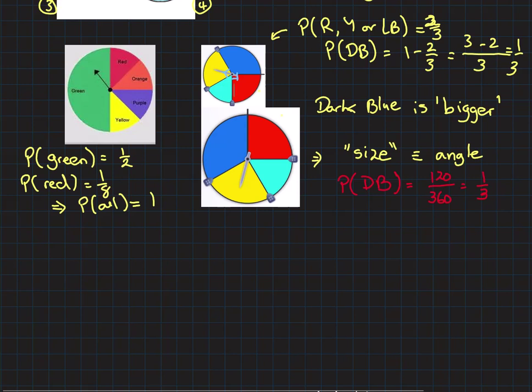So we could actually work our way through and use this to solve a few other problems to do with this spinner. So the yellow and the red are both 90 degrees. And we can use that to work out the light blue probability then, which is clearly the smallest. So the probability of dark blue, red or yellow is the angles for each of them.